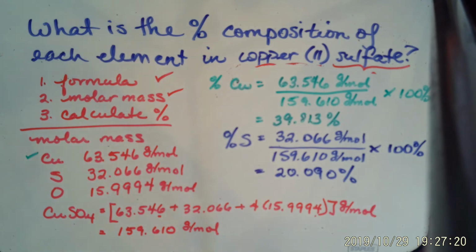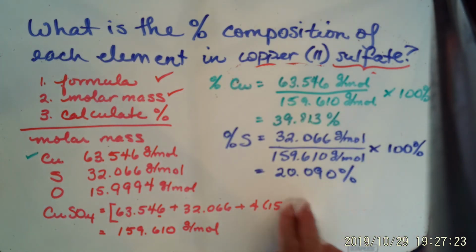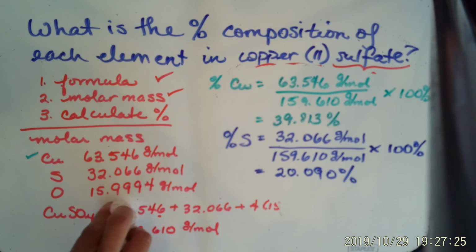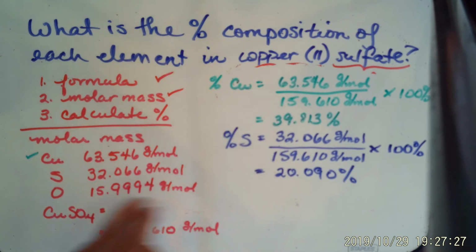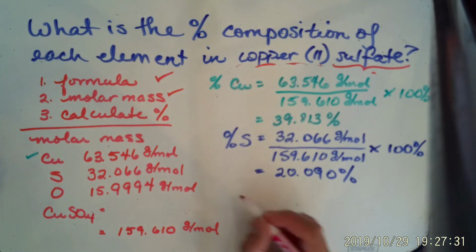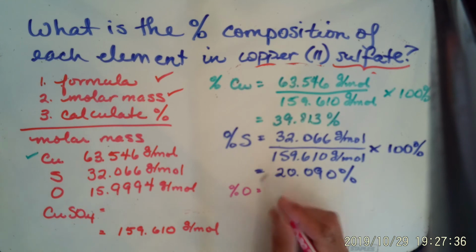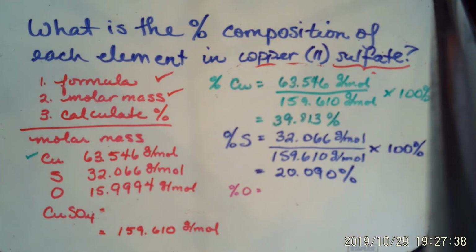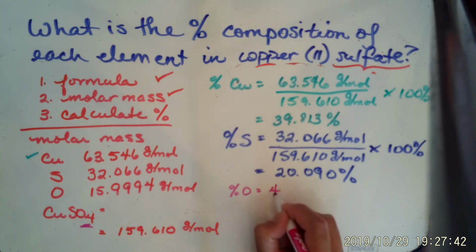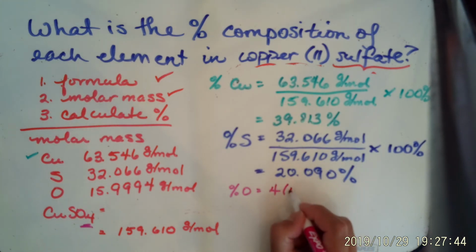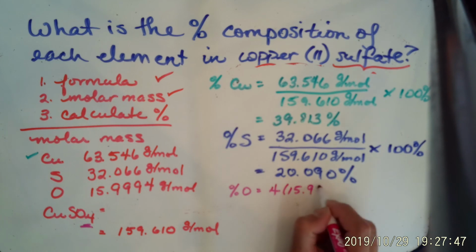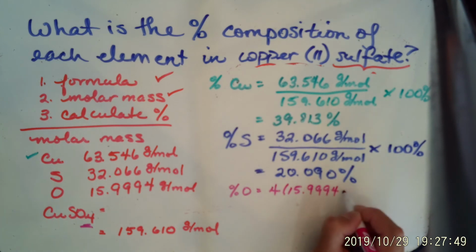Okay, and then finally, I'll erase a few things to give you some space here. We have the oxygen. Okay, so percent oxygen. Now, how many do I have in my formula? I have 4 oxygens. Each oxygen has a molar mass of 15.9994 grams per mole.